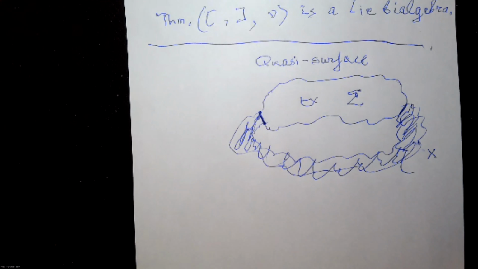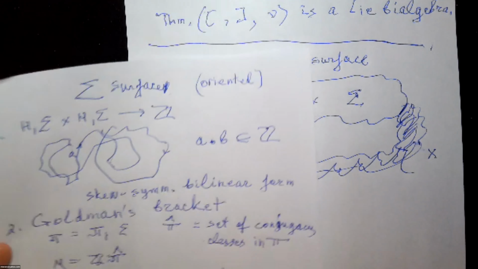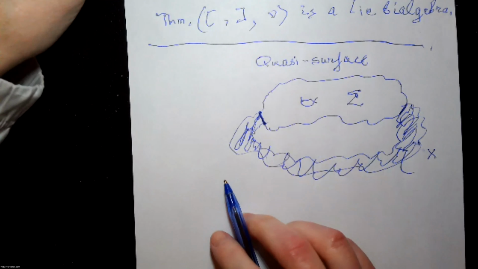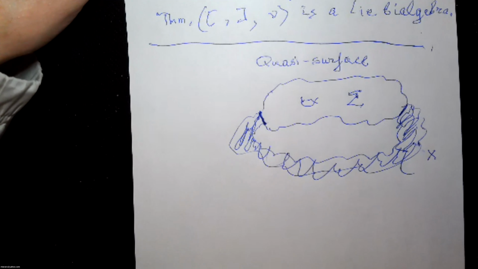Now, first of all, homological intersection. Suppose we have two homological classes. What do we do with them? So we have two loops, just like here, like we did on surfaces. Can we do something on quasi-surfaces? Well, the answer is yes. You do it in several steps.